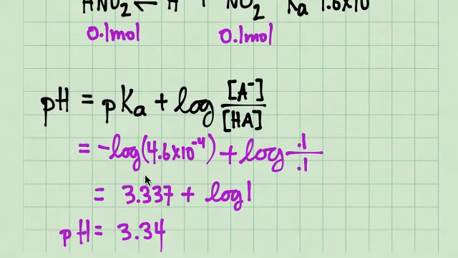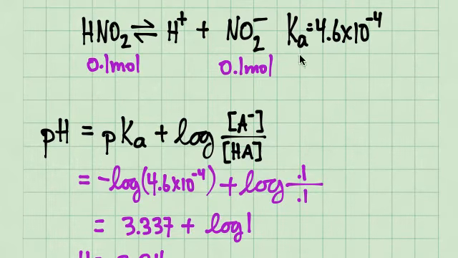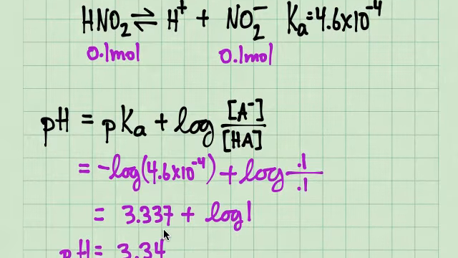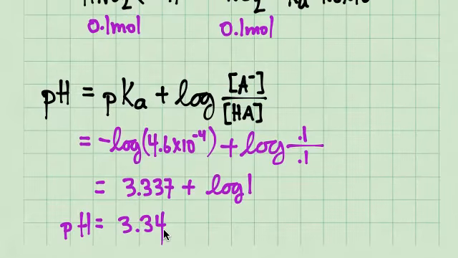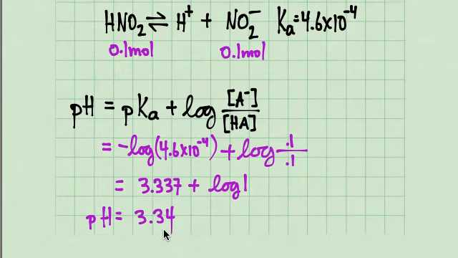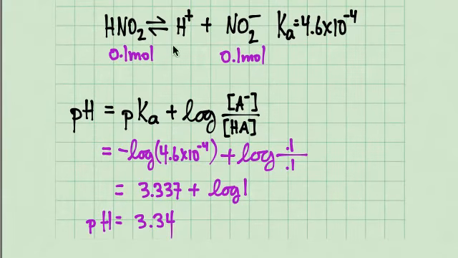And so basically I just take the p function, the negative log of the Ka number, 4.6 times 10 to the negative 4. That comes out to 3.34-ish. And lo and behold, if your buffer has equal amounts of weak acid and conjugate base, that ratio is 1, and the pH equals the pKa.